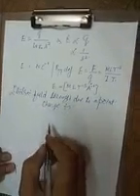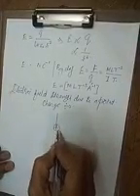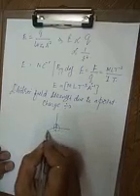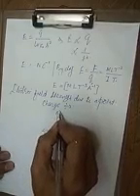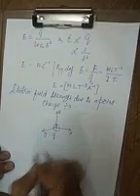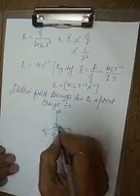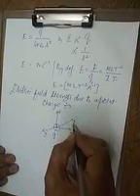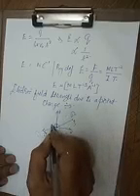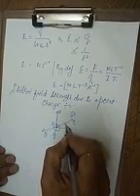Suppose this is our source charge lying at the origin of the coordinate axes. This is our coordinate axes x, y, and z. Let small q be its magnitude. Let a test charge q naught lie at a point P from origin O at a distance small r.